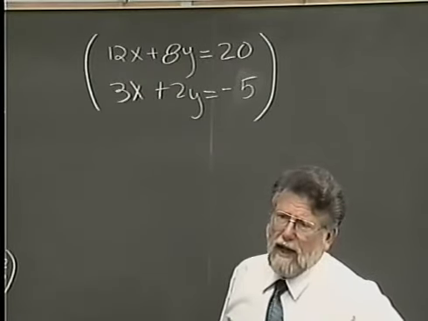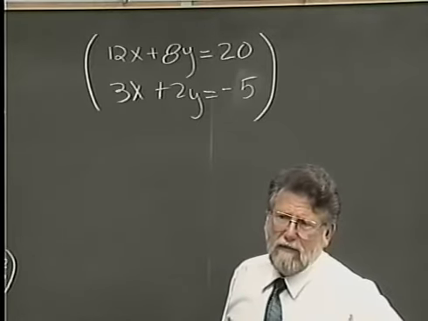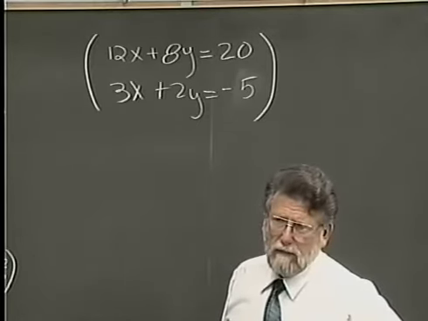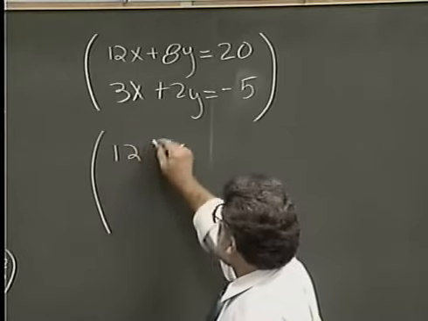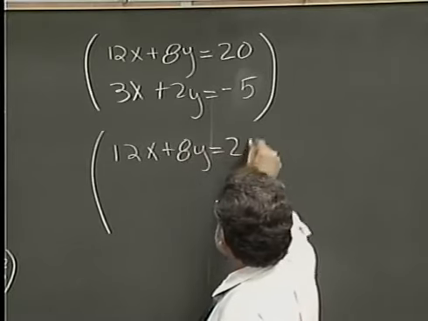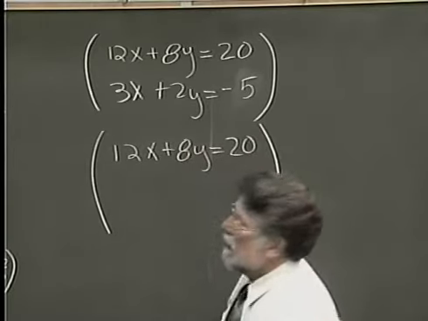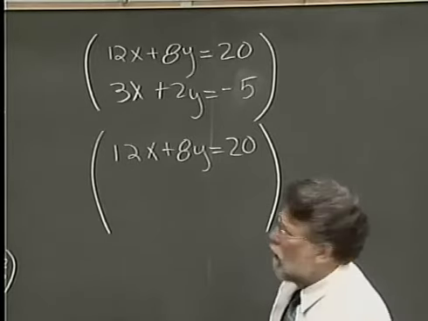I decided to multiply the bottom one by negative 4. Okay? So my system at the top is still 12x plus 8y equals 20. Then I multiplied the bottom equation, left and right side, by negative 4.